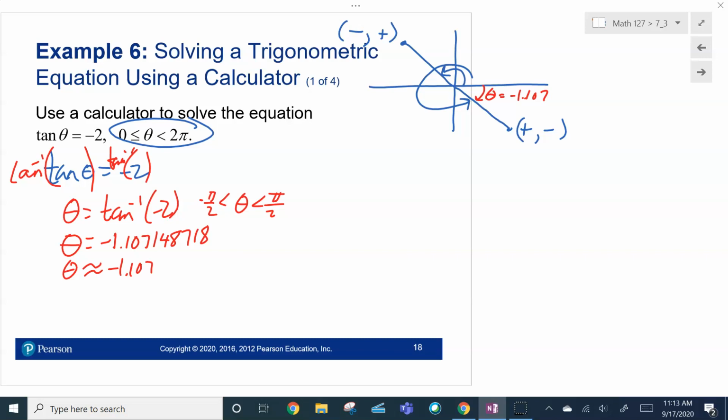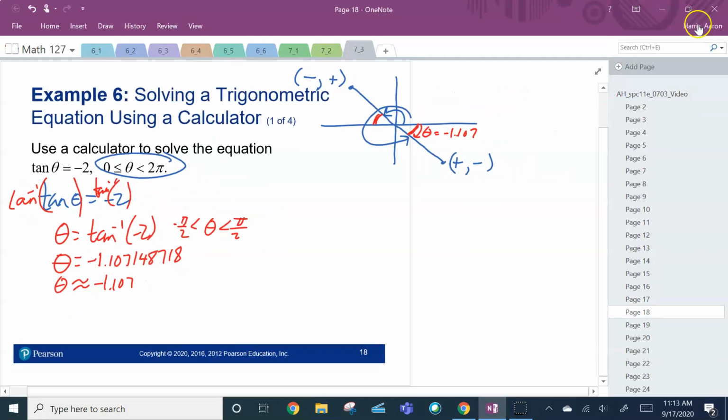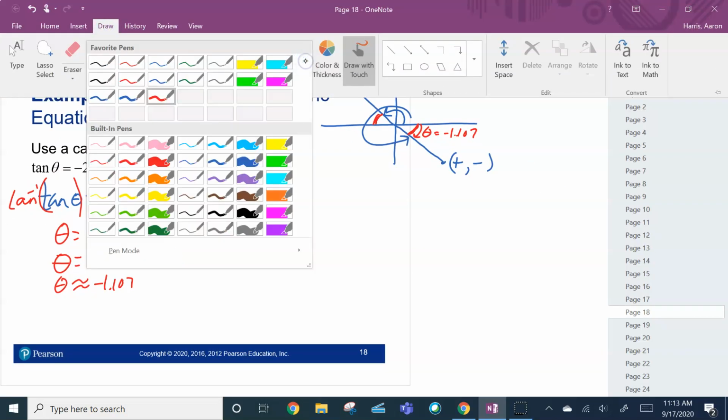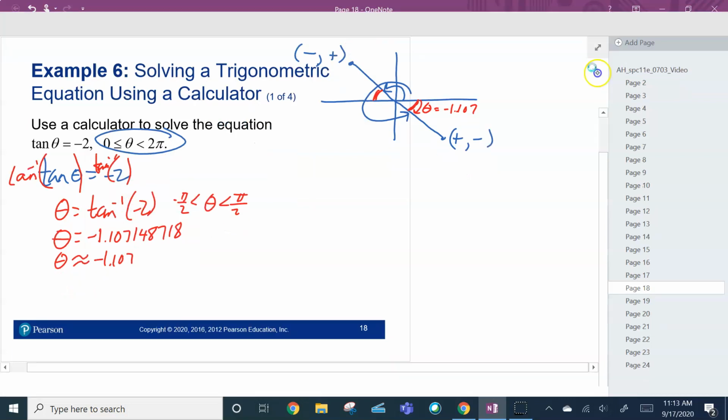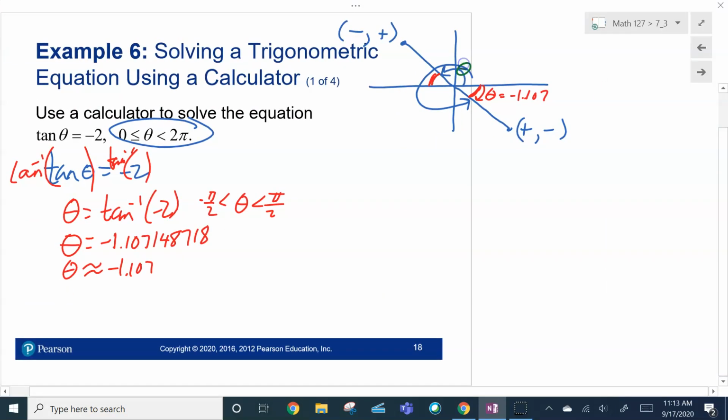It's not giving us the ones that we want, okay? Well, we know if that is theta right here, this one and this one are going to be the same thing. So to find my green theta from here to there, I'm going to go 180 degrees, pi minus that much right there, the 1.107.